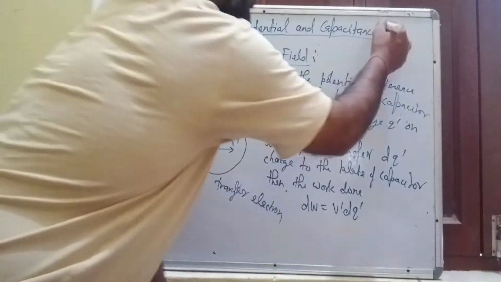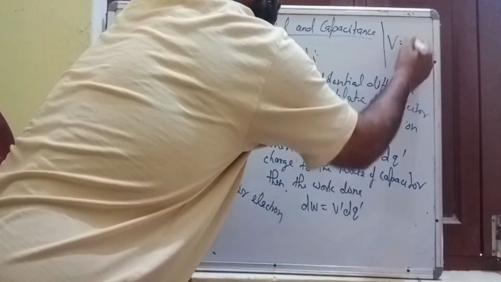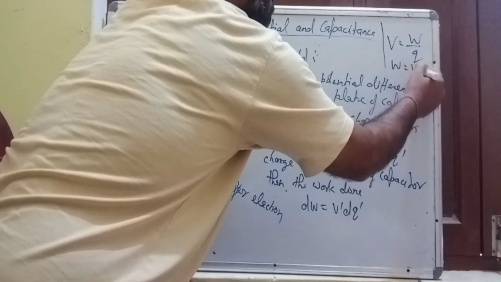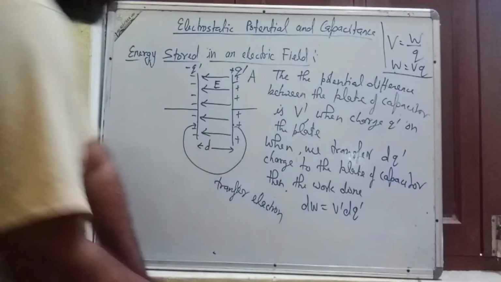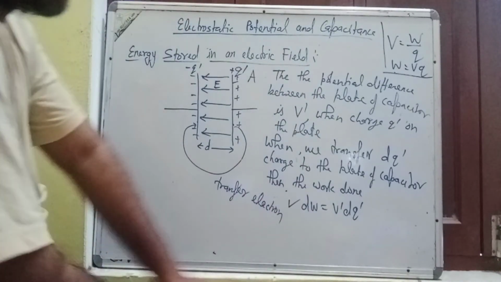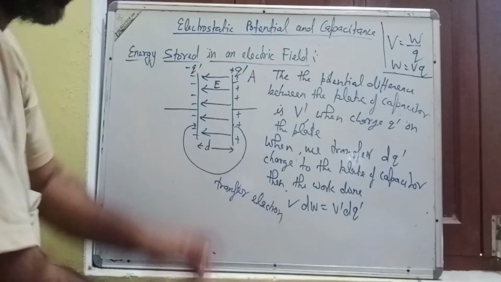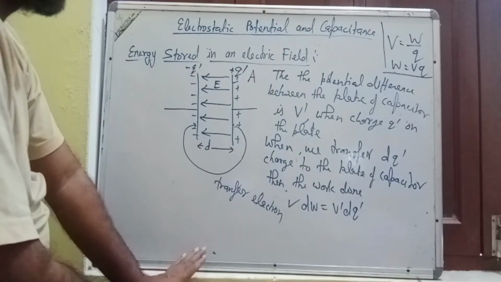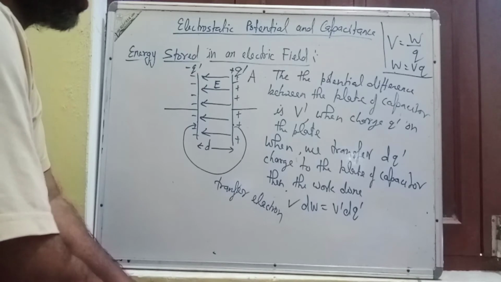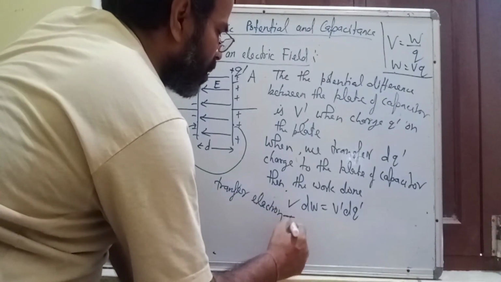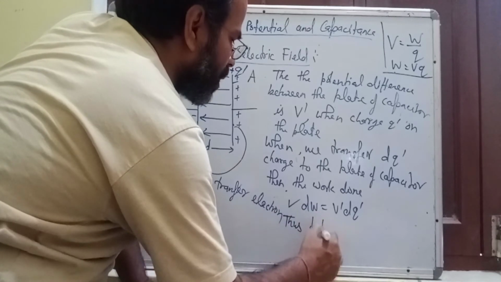Using the formula V equal to W by Q, therefore W equal to V into Q, we can write the work done in transferring a small amount of charge dq dash to the plate. Now our target is to transfer the total amount of charge Q onto the plate of the capacitor.